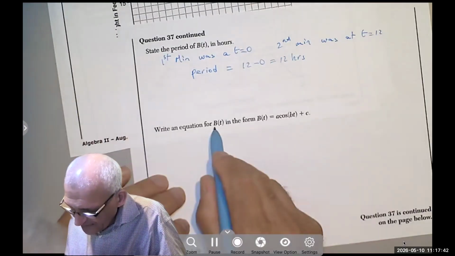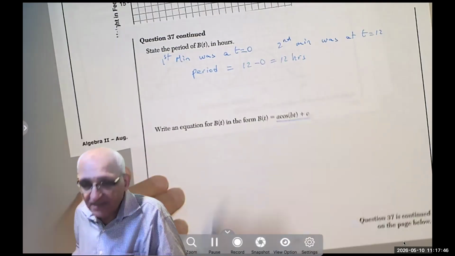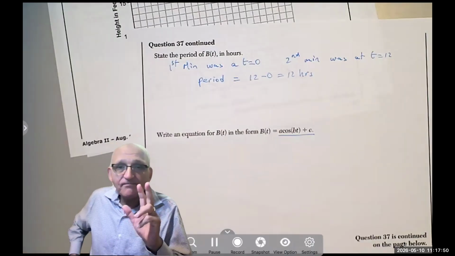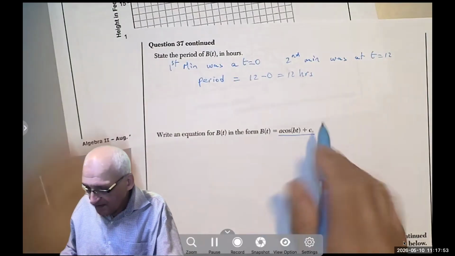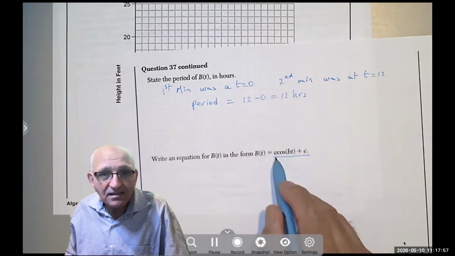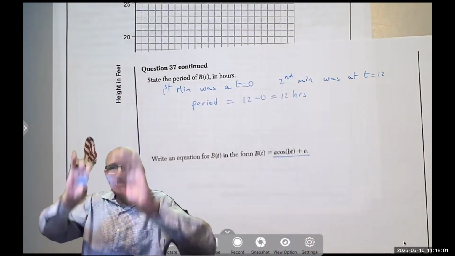Write an equation of b of t in the form b of t equals a cosine bt plus c. So I have to find 3 things. I have to find which b I'm going to use, what is a, meaning the amplitude, and what is c, where is my center line?